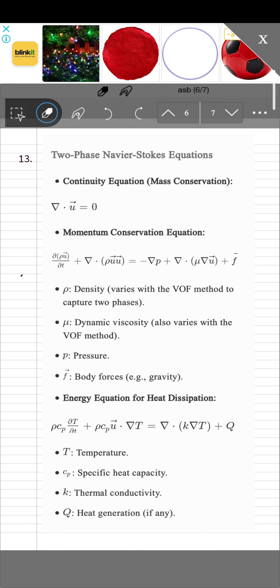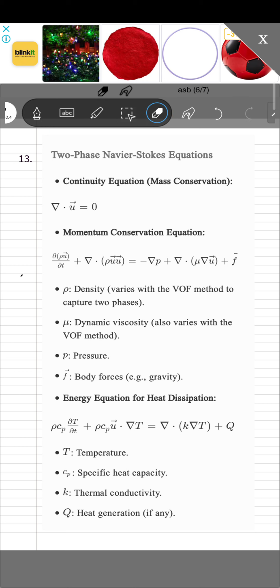When we say two-phase, we mean that there is a conservation of mass taking place and a conservation of momentum, which is actually the original Navier-Stokes equation.